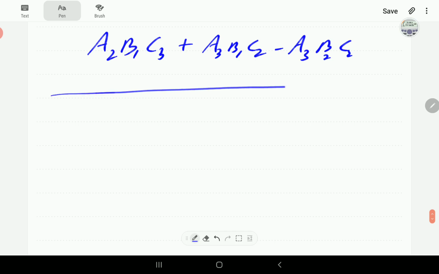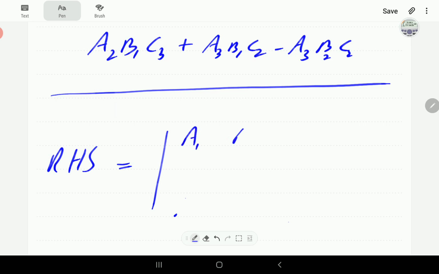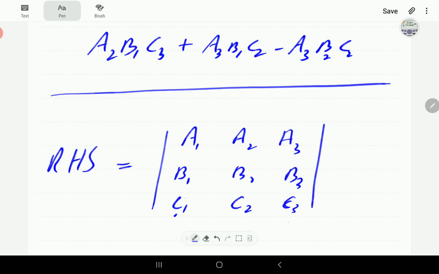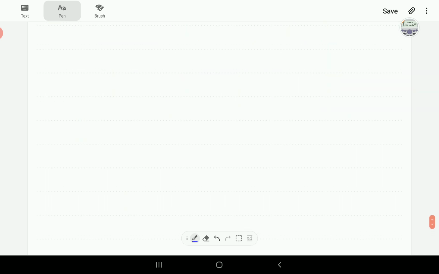Then we need to work on the right hand side now. So on the right hand side we simply have the 3 by 3 determinant. Yeah, tell you what.